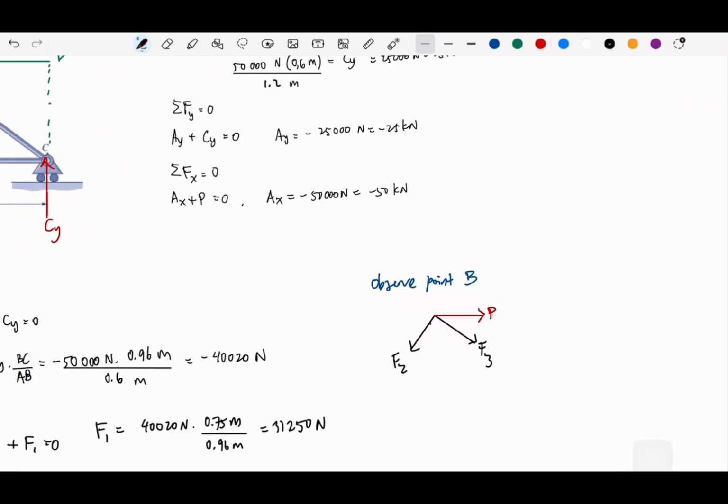So let's take the sigma Fy equals 0. So we have that, right? And also for the F3, we have also that.